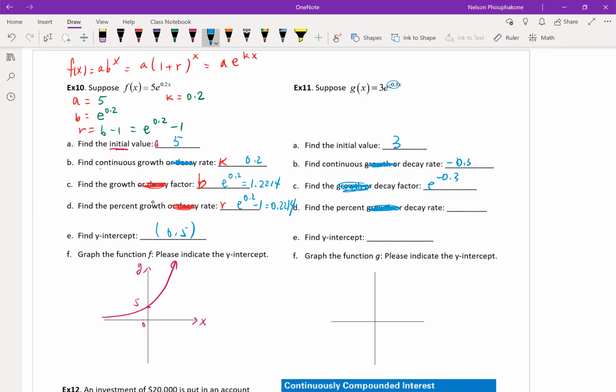The percent decay rate will be e to the negative 0.3 minus 1. And my y-intercept is 3. Since the function is decreasing because the k value is negative, my initial value here is 3. You got it?